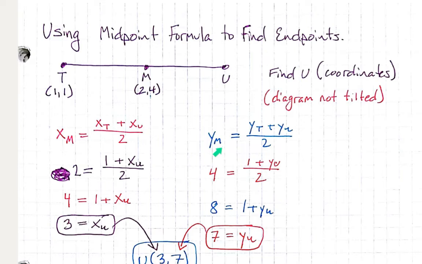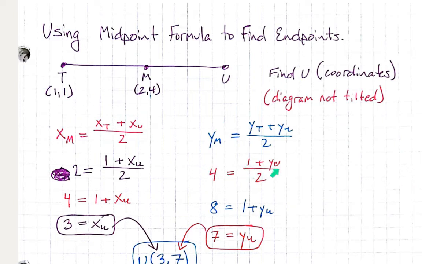Over here, the y-coordinate for M is equal to the y-coordinate for T plus the y-coordinate for U, divided by 2. We know the y-coordinate for M is 4, so we plug that in. We know that the y-coordinate for T is 1, so we plug that in.